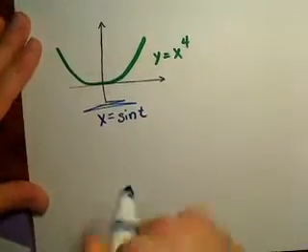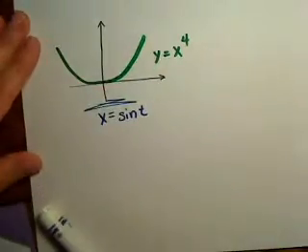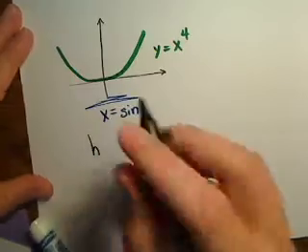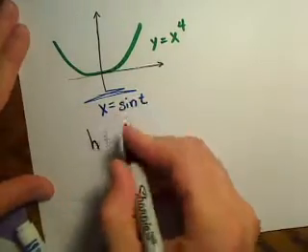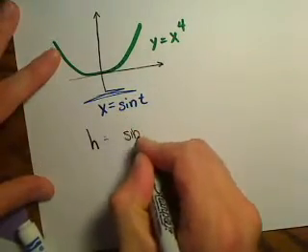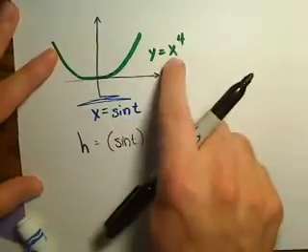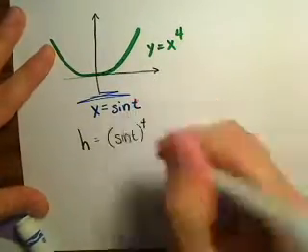Well, that means his height at any given time, the height of the walker, is sine of t, which gives you the horizontal. Then once you have the horizontal, you raise it to the fourth to get the height.